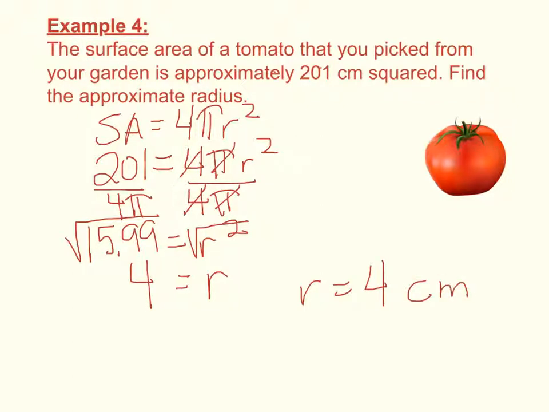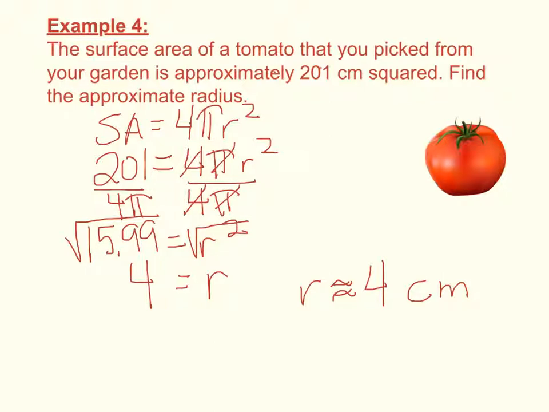Okay, now notice that when they talked about the surface area, they said it was approximately 201 centimeters squared. And then they wanted me to find the approximate radius. Think about, why do you think they said approximate in this problem and not in the problem with the ornaments or the problem with the earth or the tennis ball?